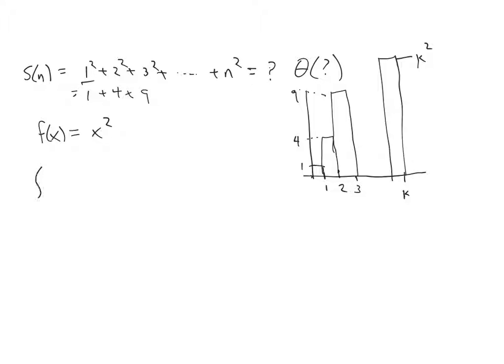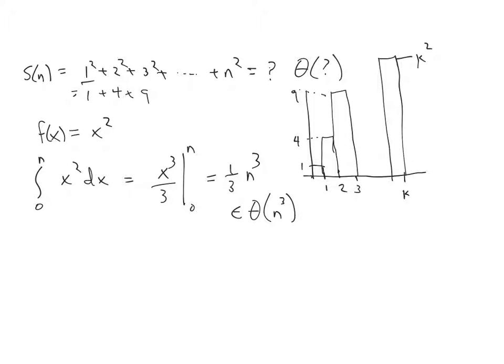So what can we say about the area of these? The area from 0 to n of x squared dx is what? Well, it's x cubed over 3, evaluated between 0 and n, so it's 1/3 n cubed, which is in big theta of n cubed.